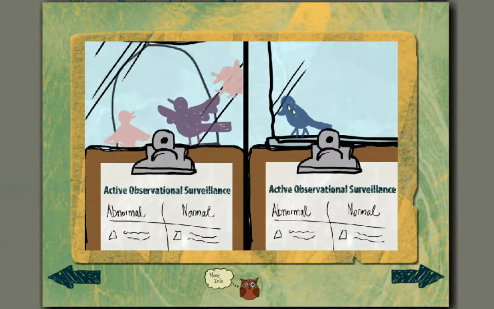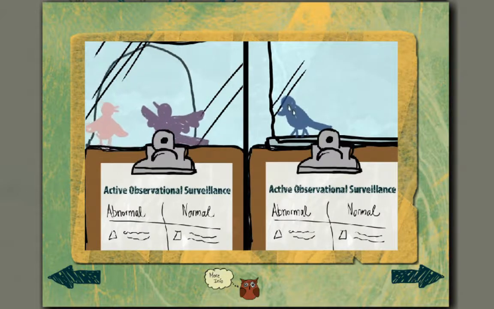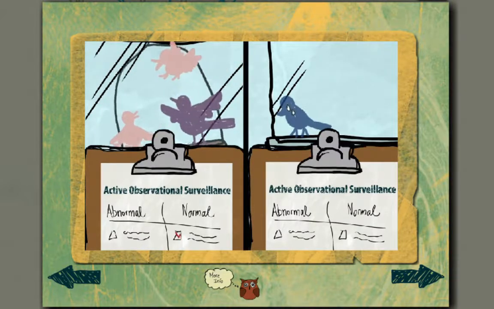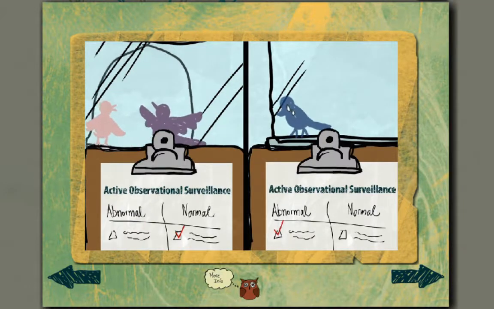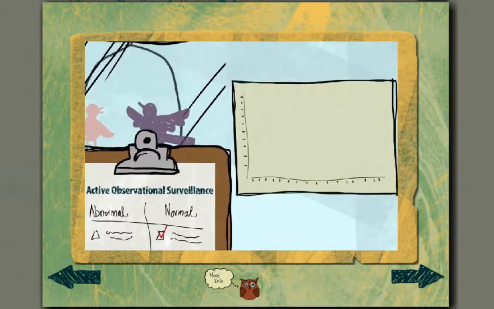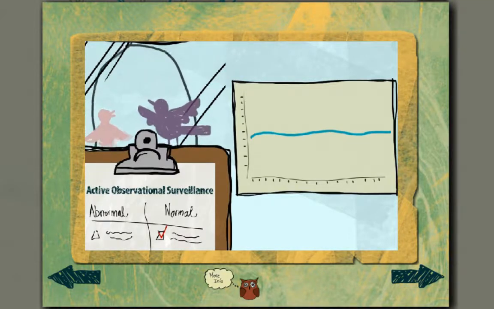It is important to understand why consistent observations and record-keeping are essential to AOS. Remember, consistent recording of normal observations is as important as recording abnormal observations. Normal observations establish baseline patterns of health for an animal or group of animals.